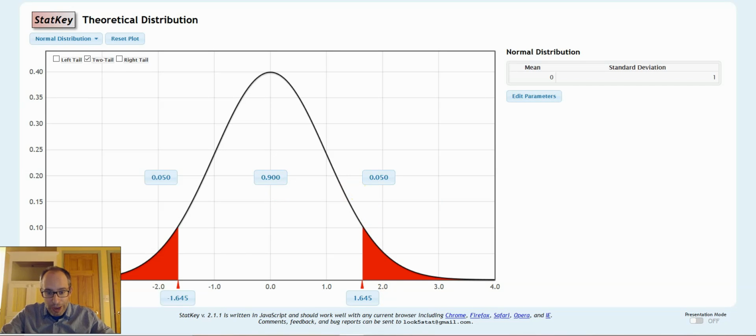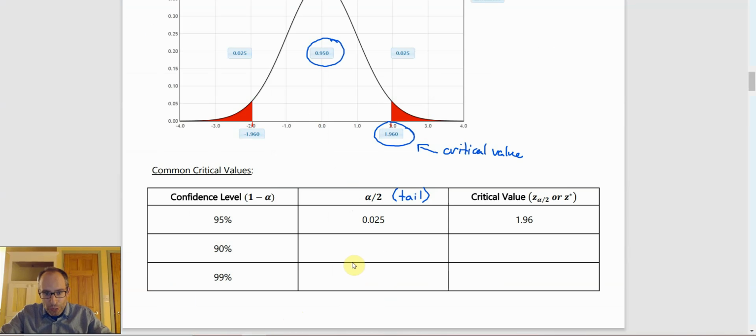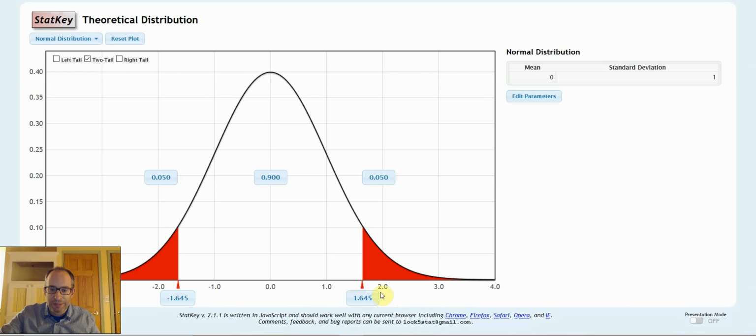All right, so going back to the notes, we had a 0.05 in the tail, and the critical value is 1.645. So if I just go back to it for a second, there you can see it right there as the cutoff for that central region.